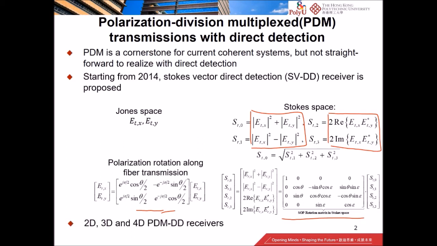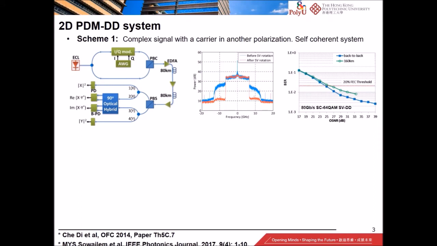And so we will talk about two-dimensional, three-dimensional, and four-dimensional POMUX direct detection receivers. Here, the dimension means the degrees of freedom. So why do we have separate schemes for two-dimensional, three-dimensional, and four-dimensional signals?